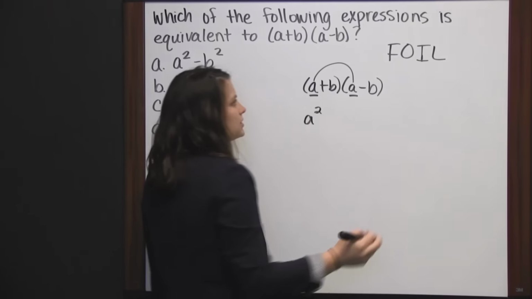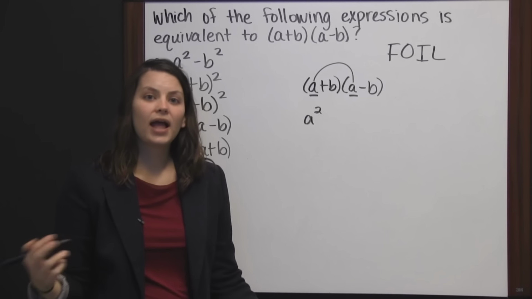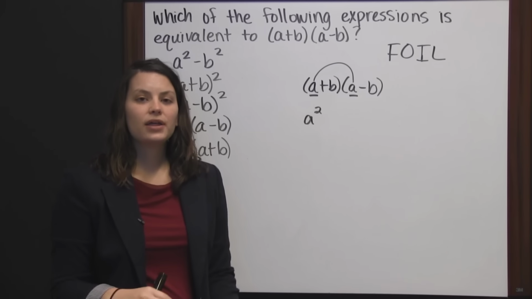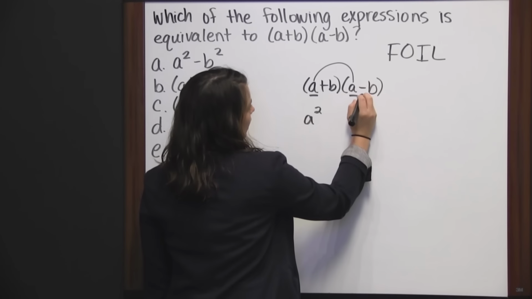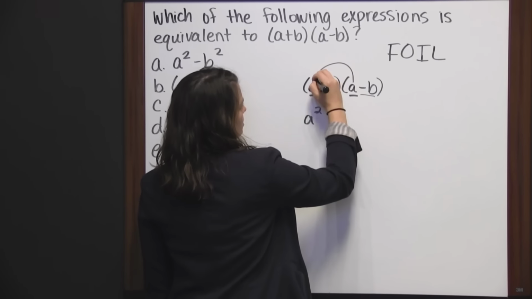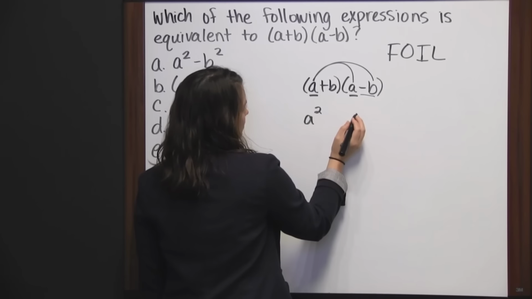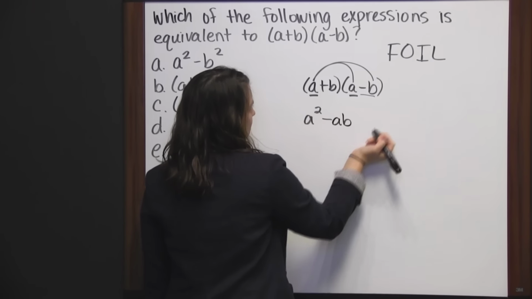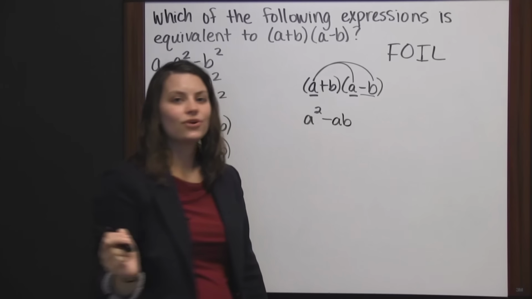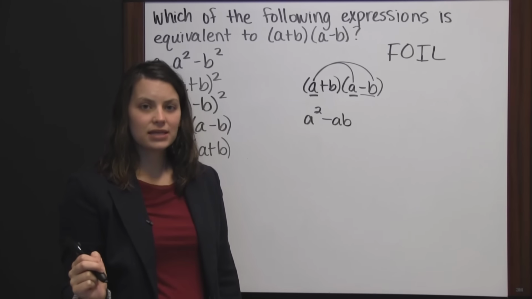Then O stands for outer or outside. So you multiply the two terms on the outsides, or A and negative B. So A times negative B is negative AB. I stands for inner or inside.